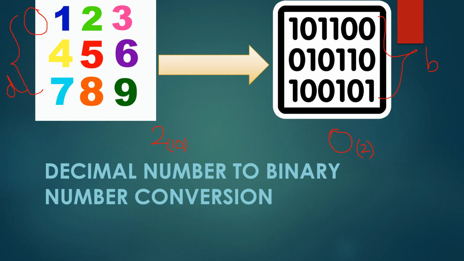Now let us move further and learn how to convert a decimal number into a binary number. For example, we are going to take any random decimal number. Let us take 65.